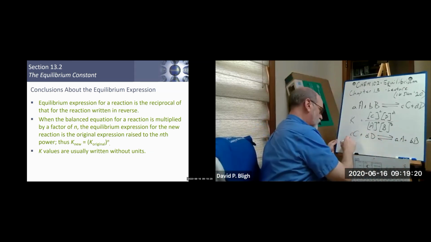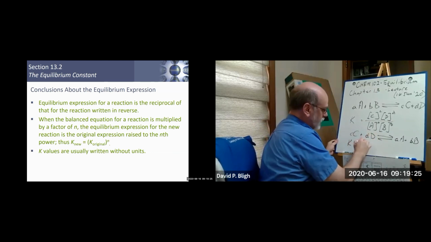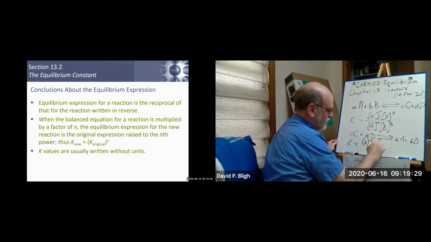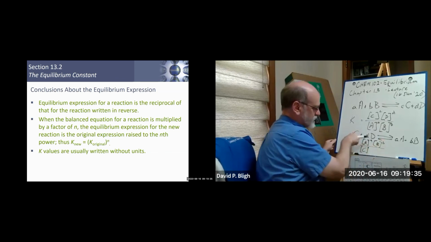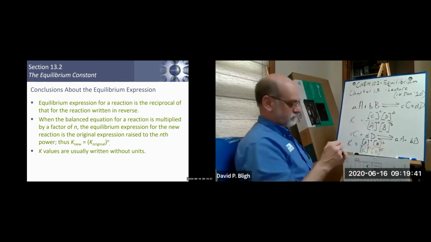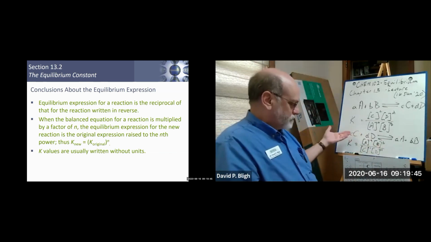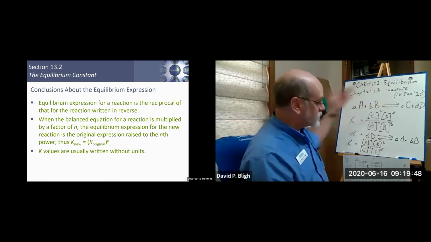Well, if we just plain write the K for this, then we would put A on top and B on top, and C would be on the bottom because it's now the reactant, and D on the bottom. Right? So what that tells us is we know that the reactions can go both directions.